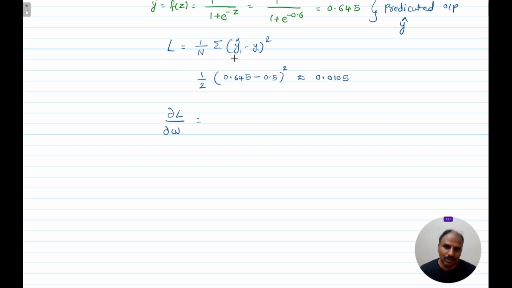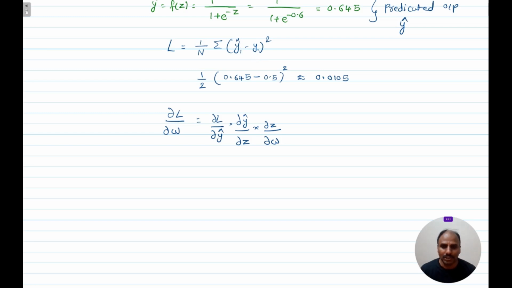That's why we need to modify our differentiation, the loss function update, to this form: dou L by dou y cap, then dou y cap by dou z, then dou z by dou W. Now in the loss function, dou L by dou y cap we can compute with respect to y cap, so we will not get 0, we will get some solution.